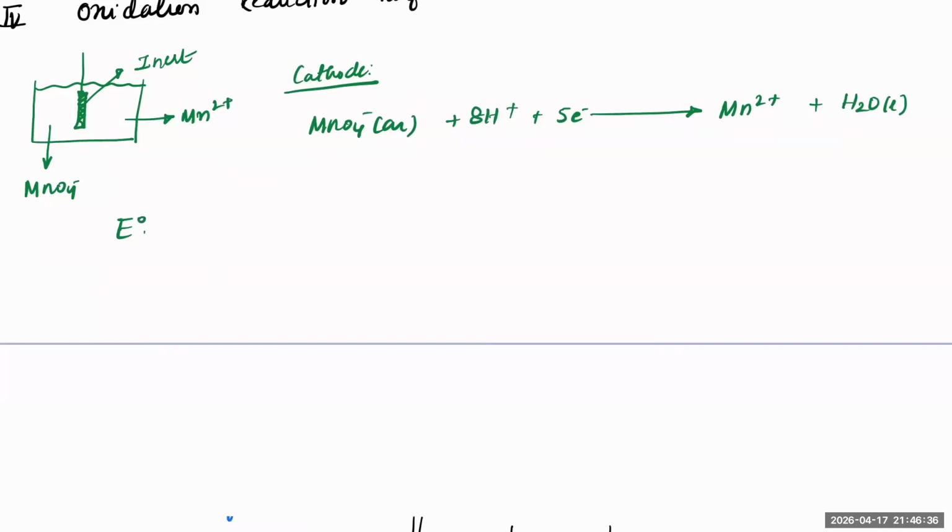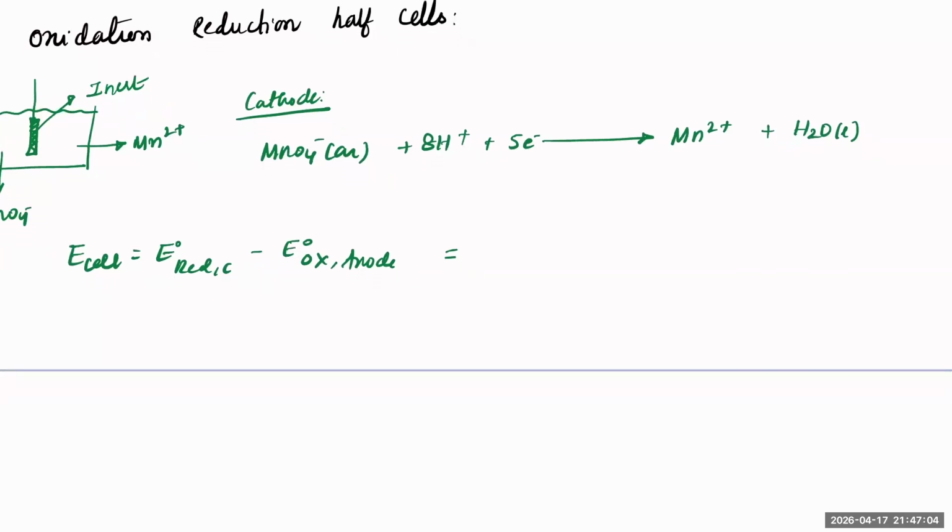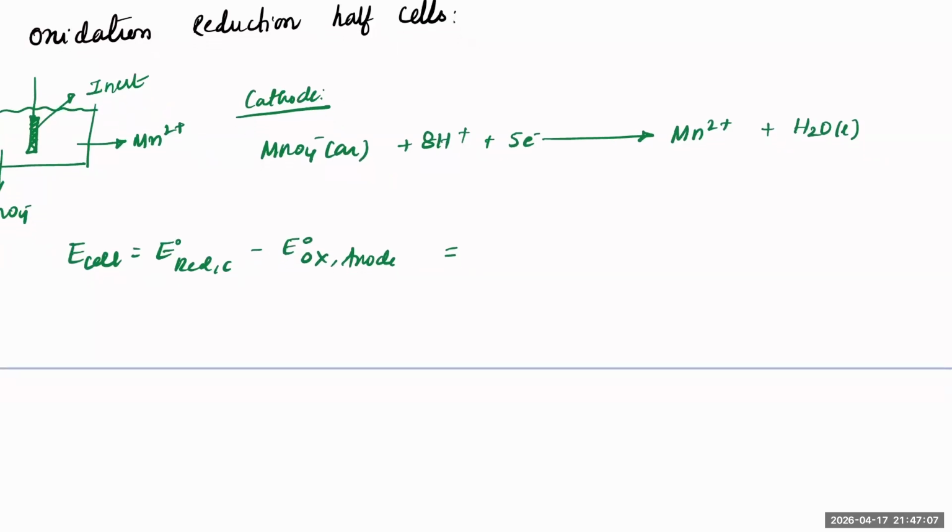In case I want to calculate the E cell, E cell will be equal to E naught of reduction potential of cathode minus E naught of oxidation potential of anode. Sorry. Basically we don't write it as a cell, we'll change that.